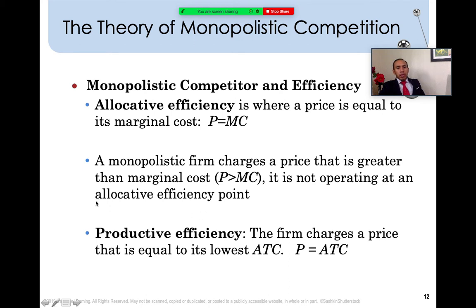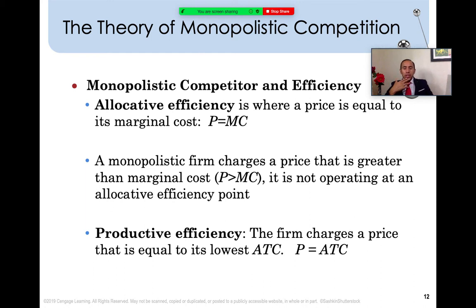And in some cases, they tend to produce at productive efficiency. The firm sets a price where the price in the market is equivalent to the potential average total cost. It's potentially operating at that point where the average total cost curve is tangent to the demand curve and sets the price there. It could produce there, but true productive efficiency is when the firm sets the price equivalent to the lowest average total cost of production and produces more output.